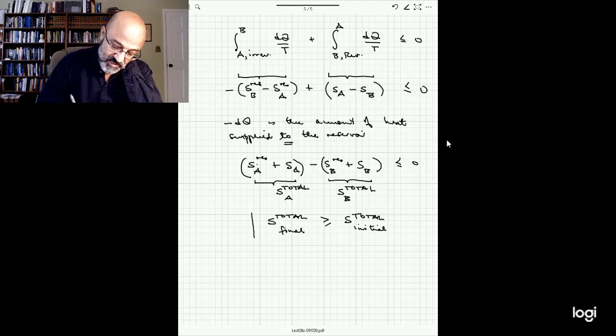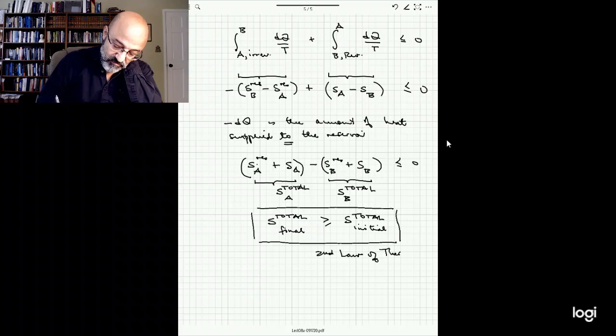And this is the statement of the second law of thermodynamics. By Clausius.